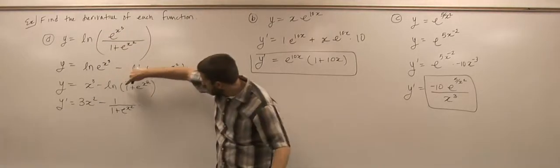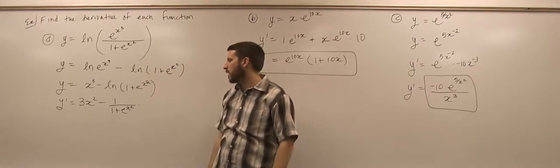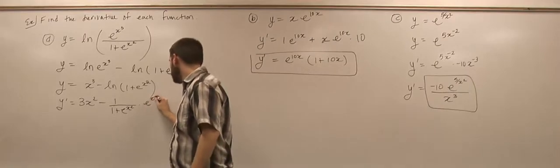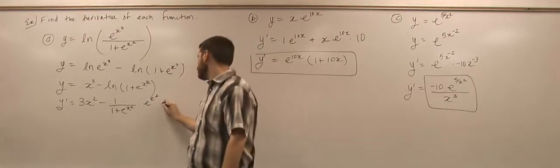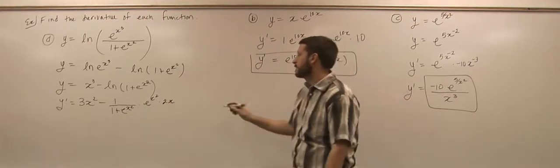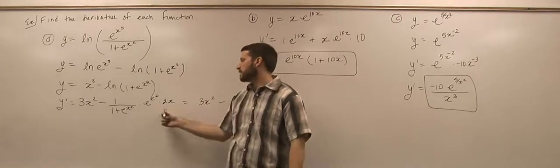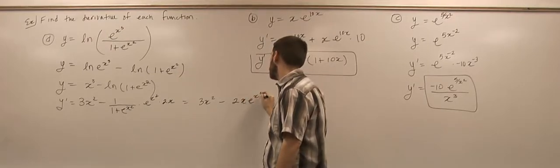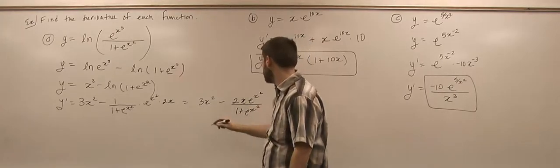So the derivative of natural log is 1 over whatever's inside times, what's the derivative of e to the x squared? e to the x squared again, but you have it inside. Times the derivative of x squared, which is 2x. So you get 3x squared minus, all of this is on top, 2x e to the x squared over 1 plus e to the x squared.